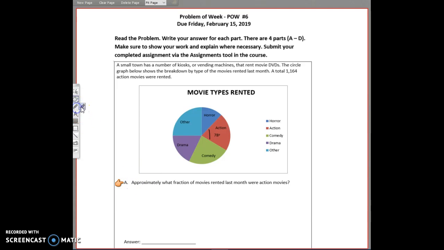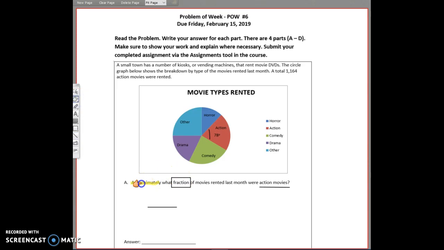Approximately what fraction of movies rented last month were action movies? So they want a fraction. So right away, you might want to create yourself a fraction bar there. They want a fraction.